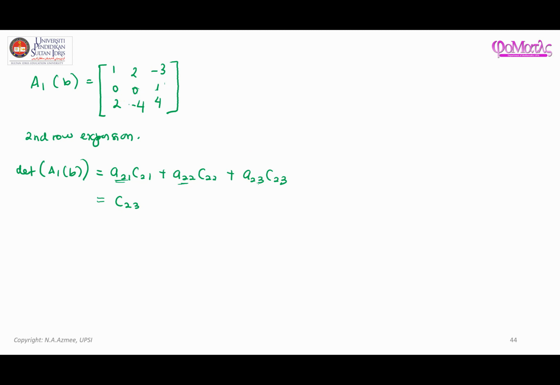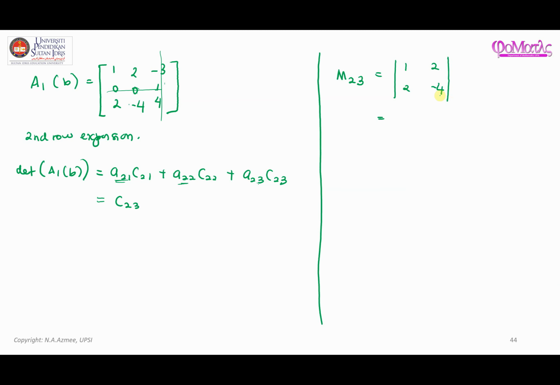How do we find the value of C23? To get C23, you need to consider the minor for 23, which is obtained when you delete the second row and third column. Here we have the remaining values 1 and 2, -3 and 4.